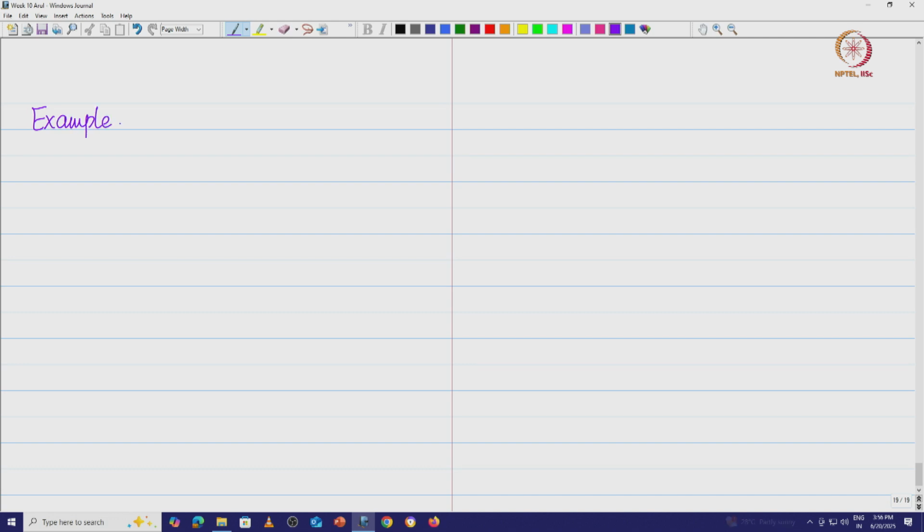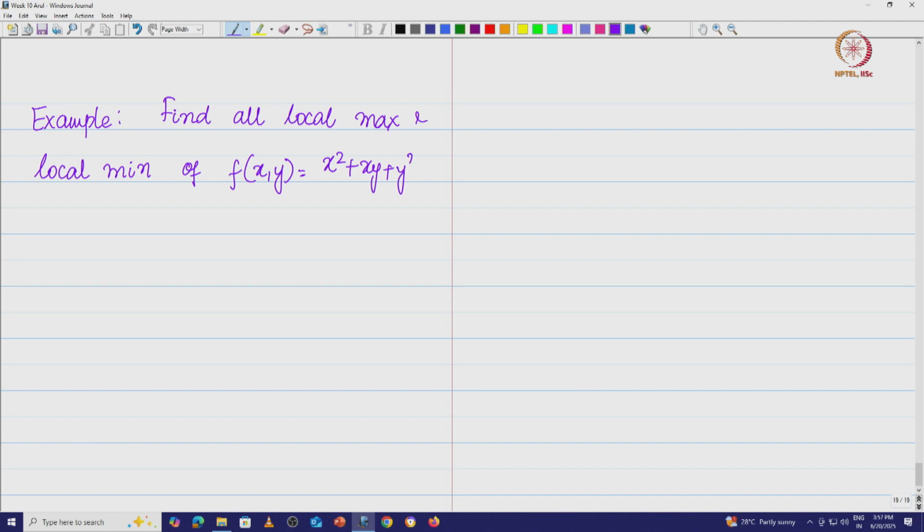Find all local maxima and local minima of f(x, y) = x² + xy + y² − 3x.